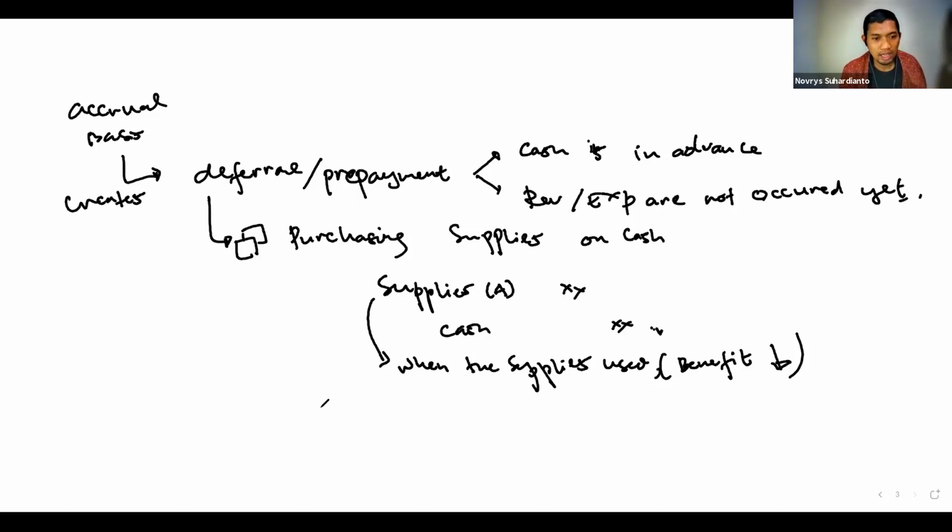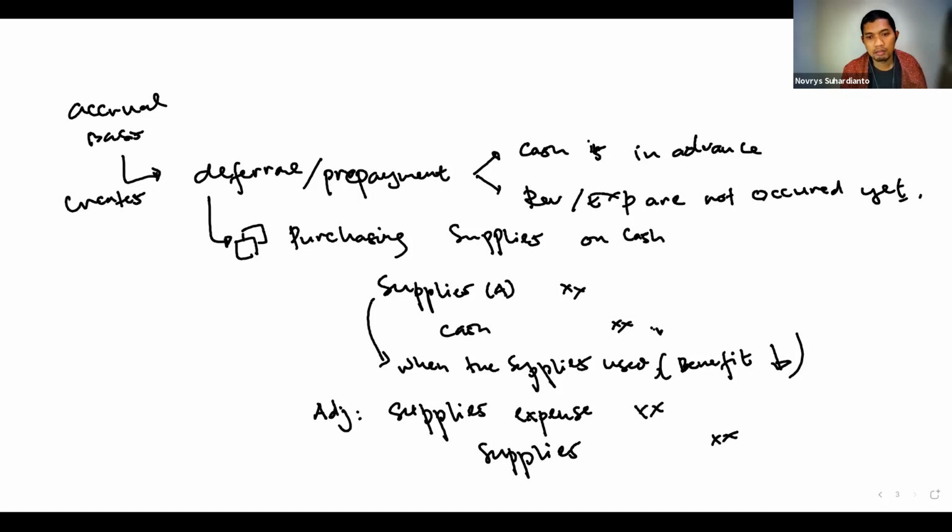Okay, so at the end of the period, we make an adjustment. We record supplies expense and we reduce the balance of the supplies because we use the supplies. Supplies expense represents the benefit of the supplies that has already expired, already been consumed.